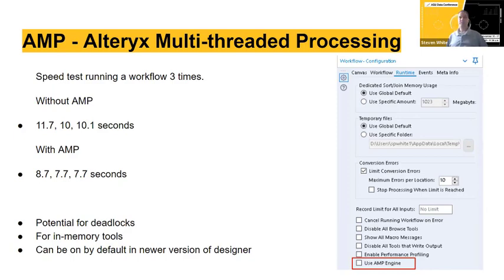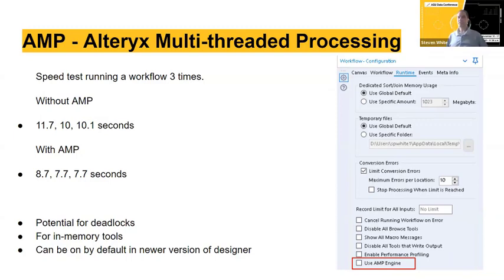As soon as I checked this box, it was taking 7 or 8 seconds. So I definitely saw about a 30% increase in the efficiency of the workflow without making any changes to the workflow itself, just by checking this box.